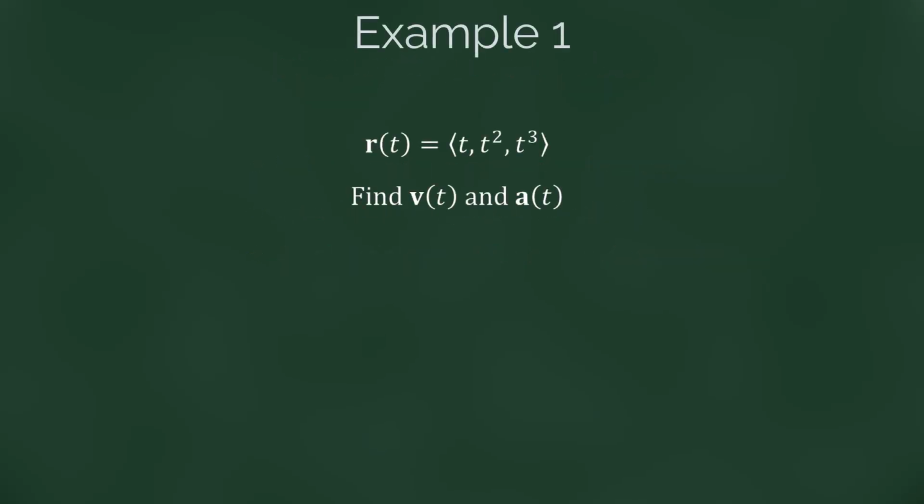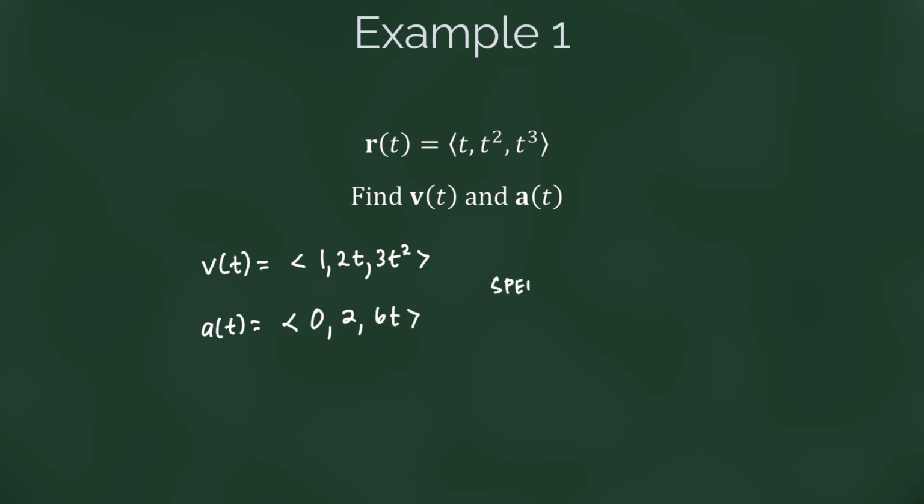All right, so given the position vector r of t equals t, t squared, t cubed, we're going to find velocity and acceleration. So velocity is going to be the vector 1, 2t, 3t squared. And acceleration is going to be the derivative of that, which is going to be the vector 0, 2, 6t.